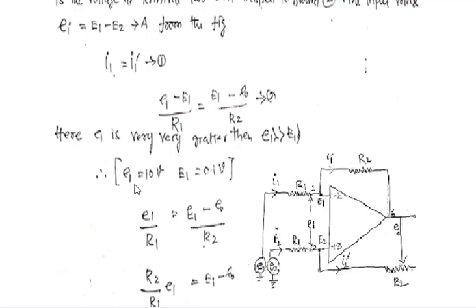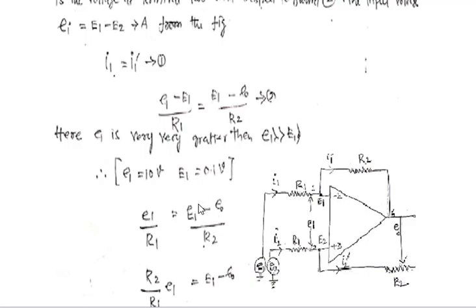For example, if small e1 is 10 volts and capital E1 is 0.1 volts, then e1 minus 0.1 doesn't give any real difference; e1 and e1 minus E1 are more or less equal.